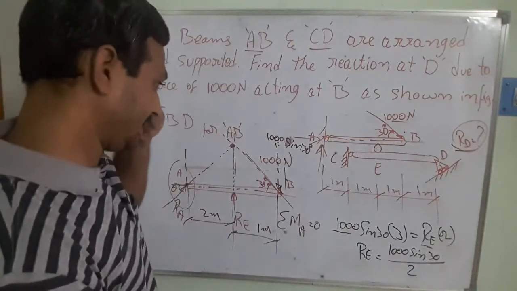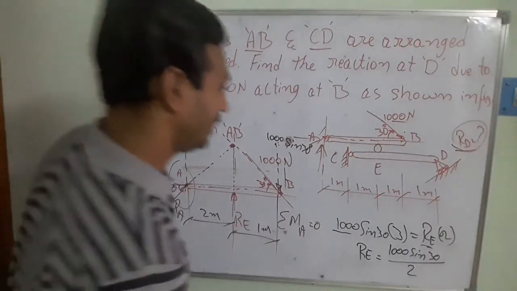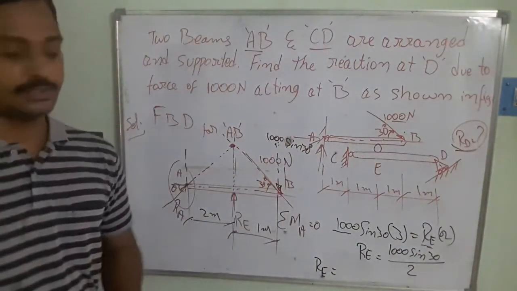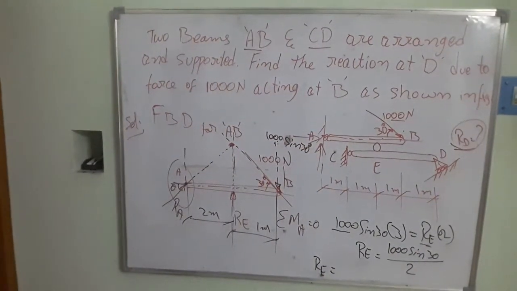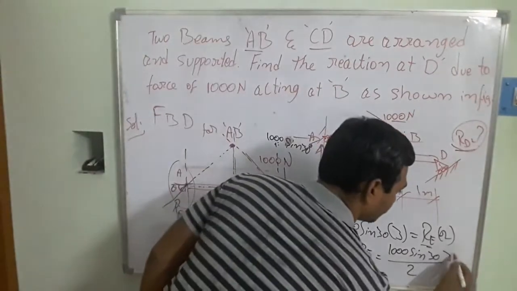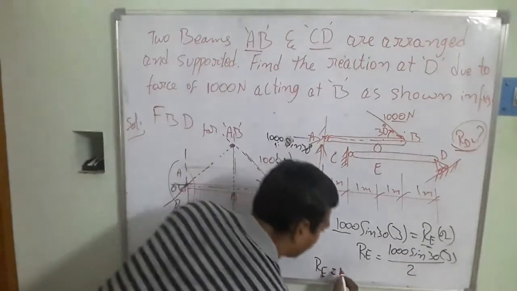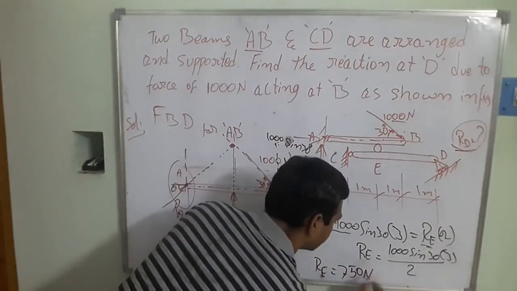So in this case, RE is equal to the final equation we are getting, 1 by 2, that means, here we are multiplying with the 3 meters distance. So finally RE is equal to 750 newtons we got.